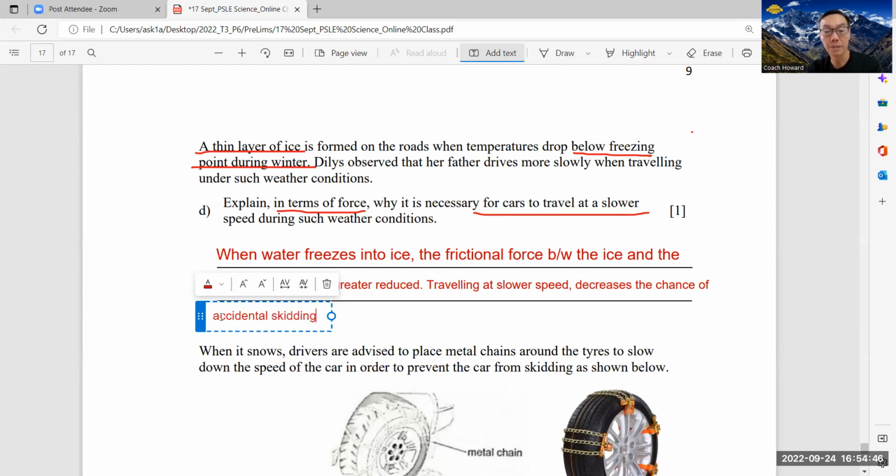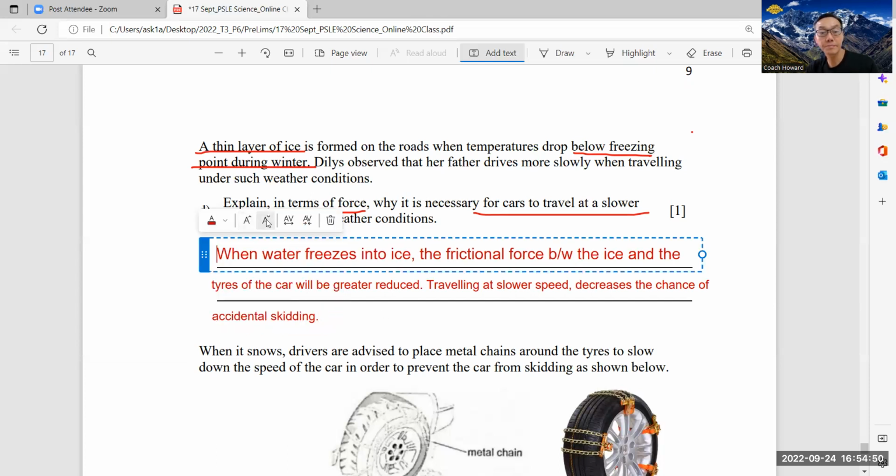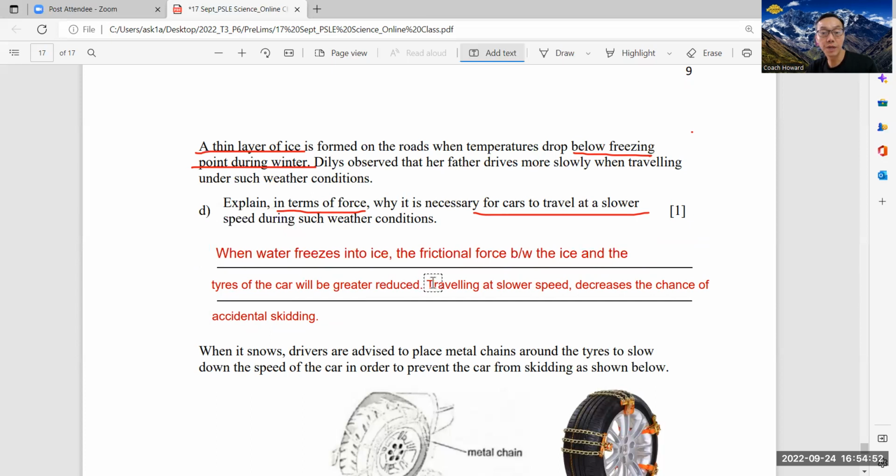So I say, when water freezes into ice, the frictional force between the ice and the car will be greatly reduced. Traveling at slower speed decreases the chance of accidental skidding.